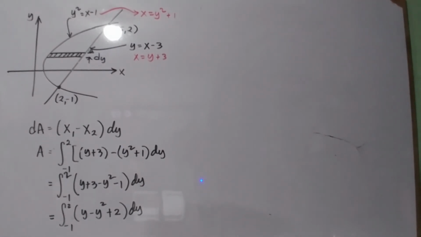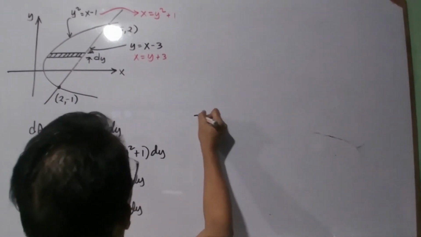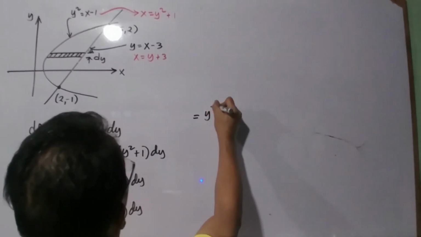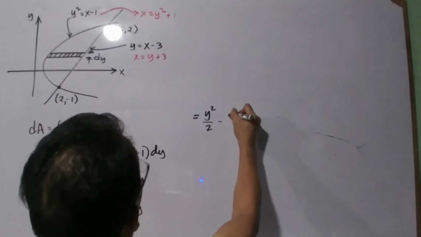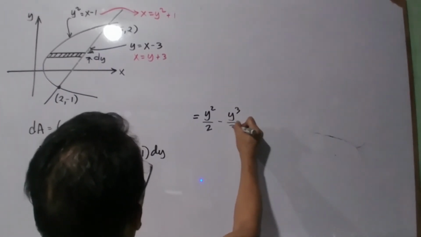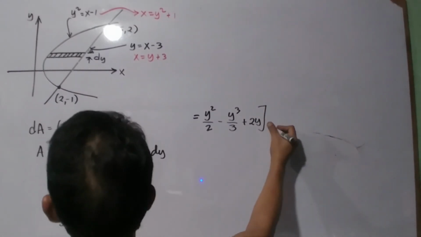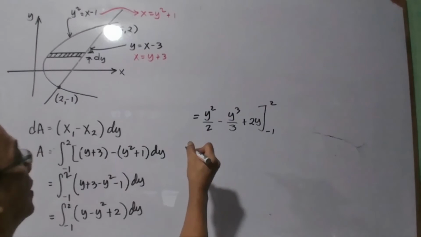Or we have now y square over 2 minus y cube over 3 plus 2y from negative 1 to 2. Substitute values.